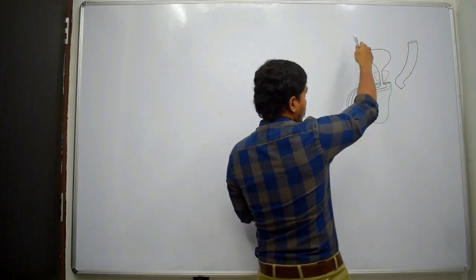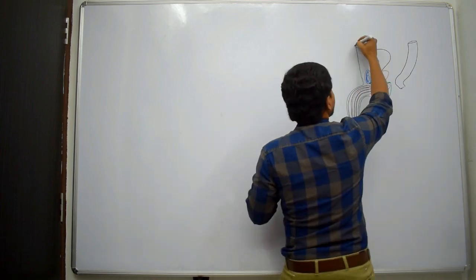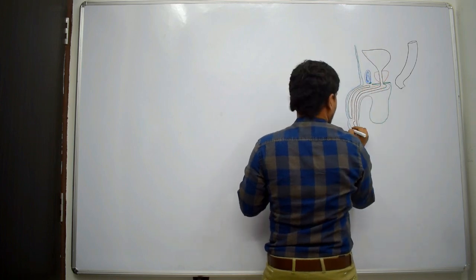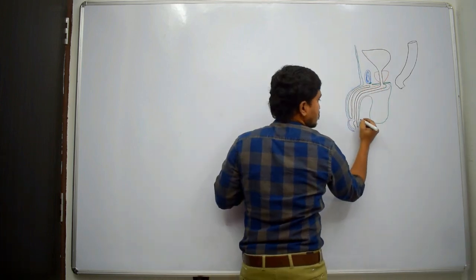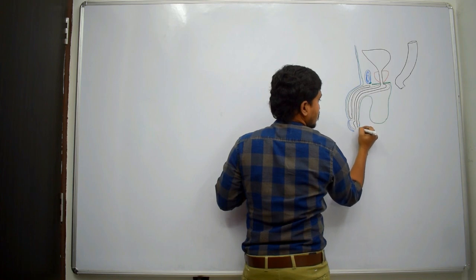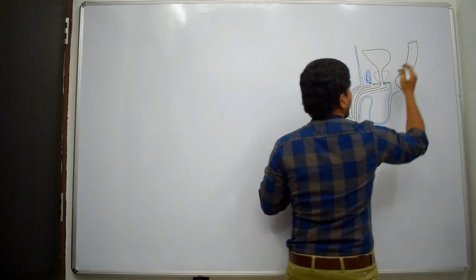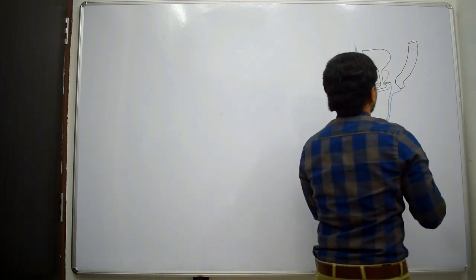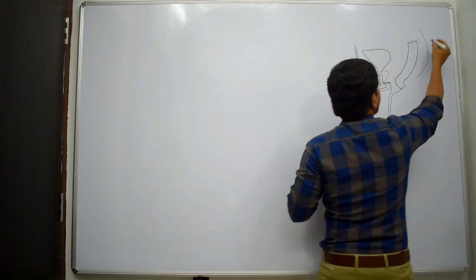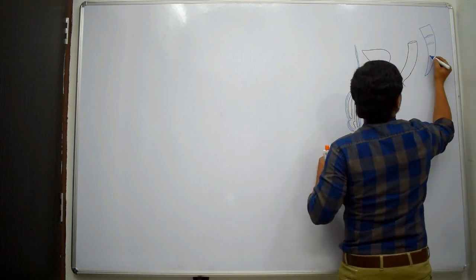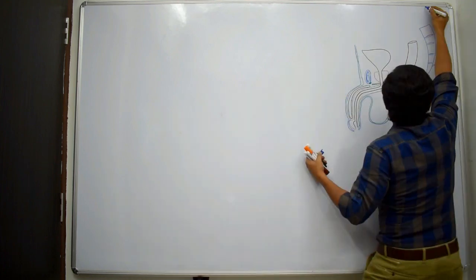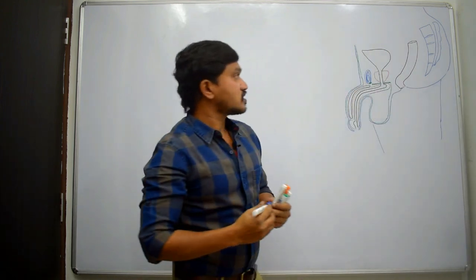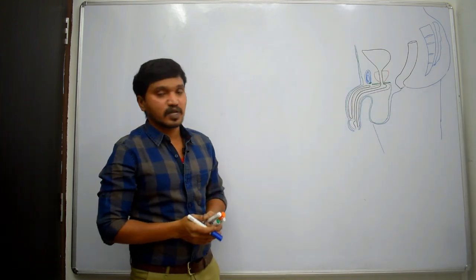Now let me draw the skin. This is skin. What is this? Prepuce skin or foreskin. And behind the rectum the sacrum will be there, right? So here sacrum. So this is the sagittal section of the male pelvis.